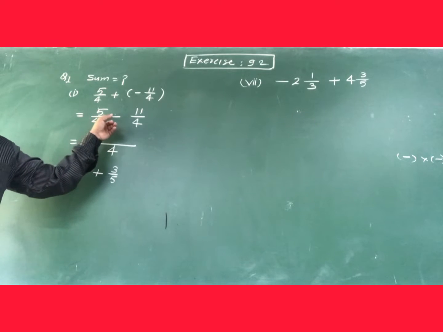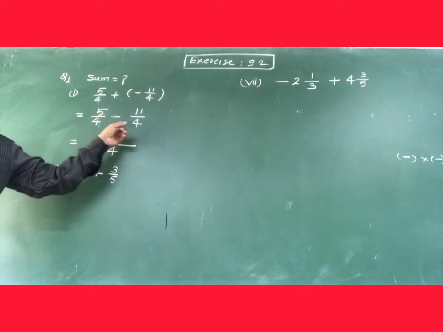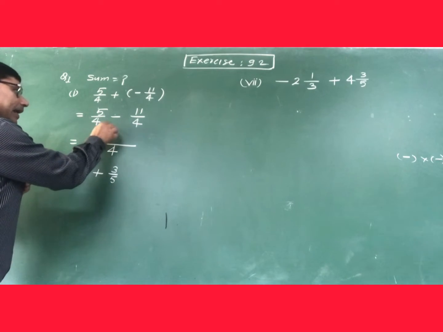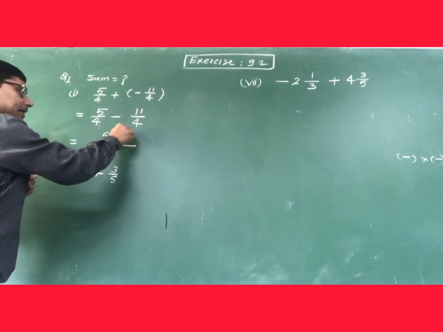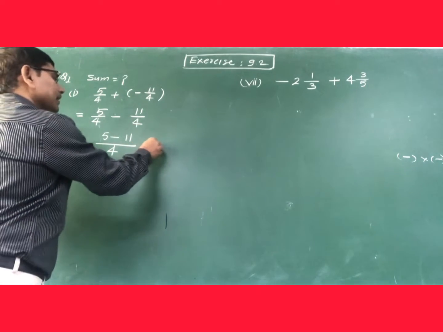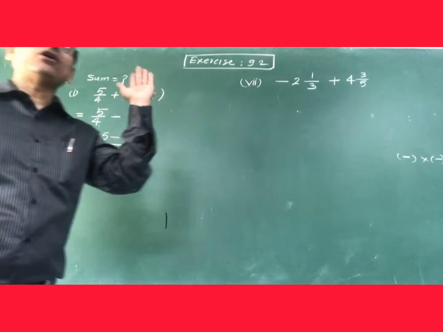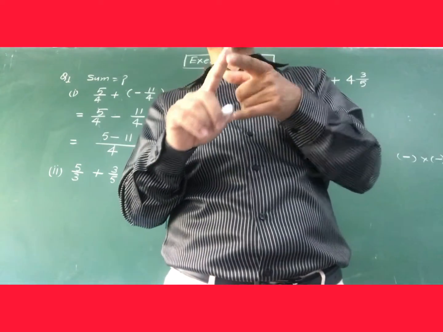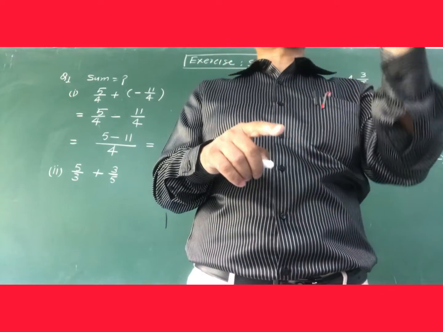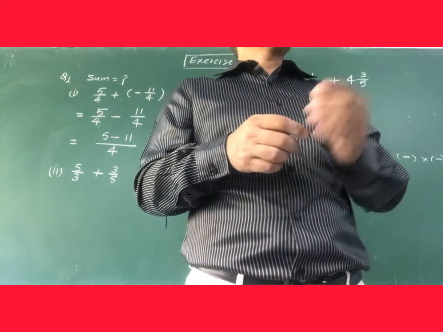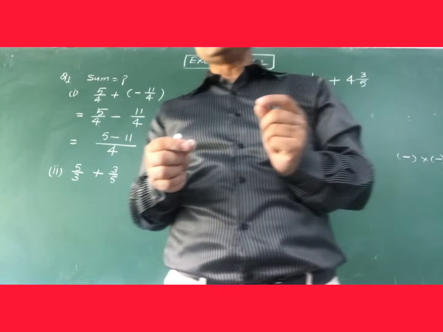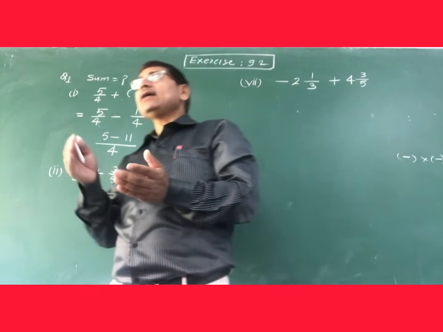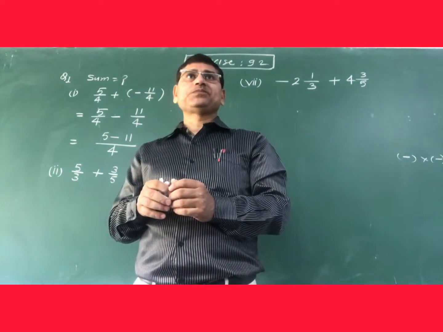And the numerator you will write same to same, that is 5 and then minus sign and then 11. So dear, in the result of fractions you will get the result plus, a positive number. But in the case of integers, here you will get the negative result also.